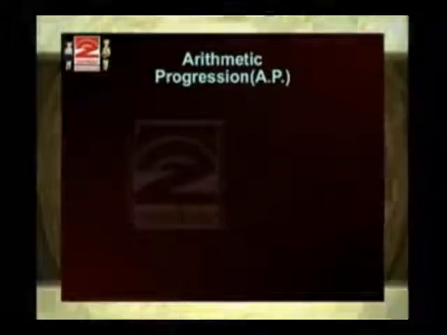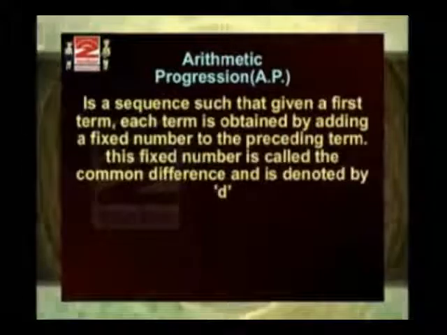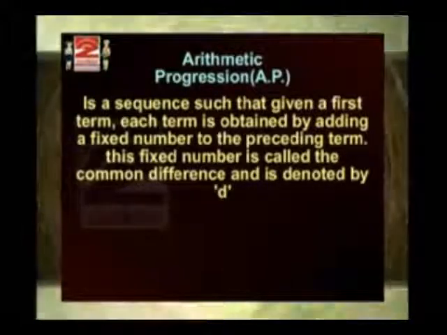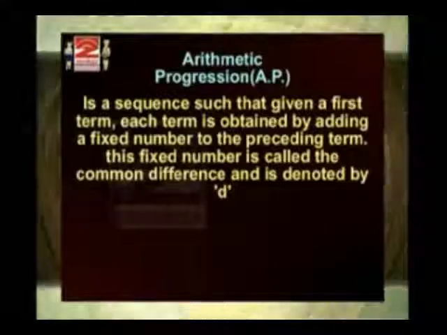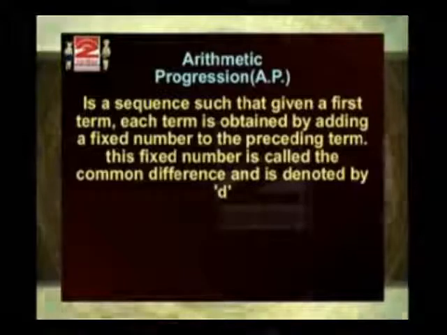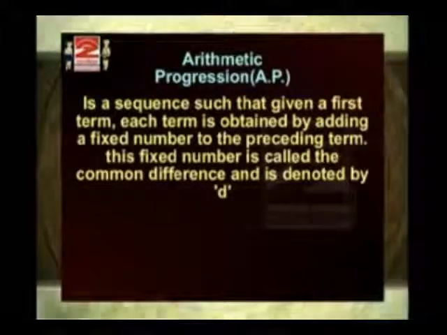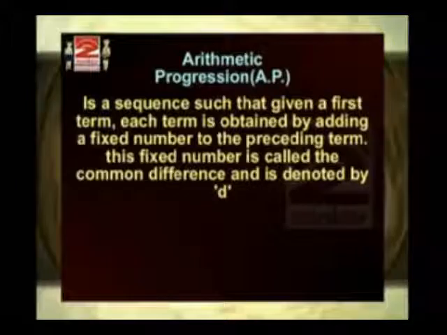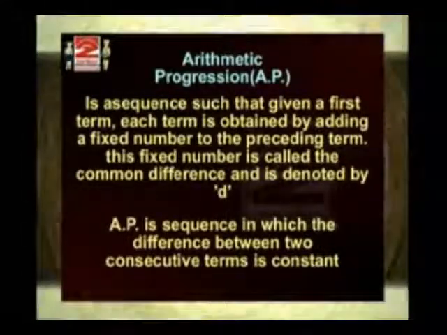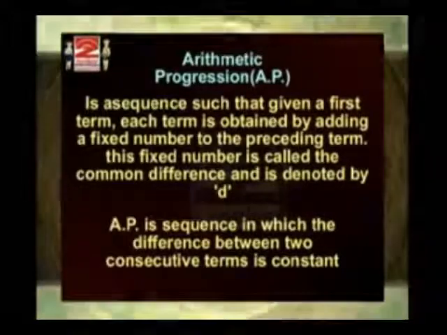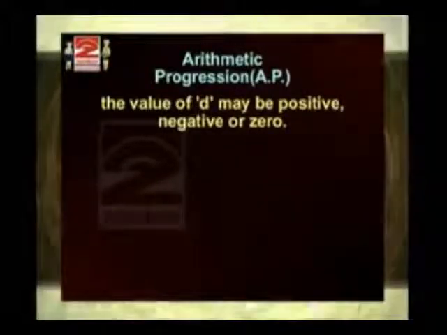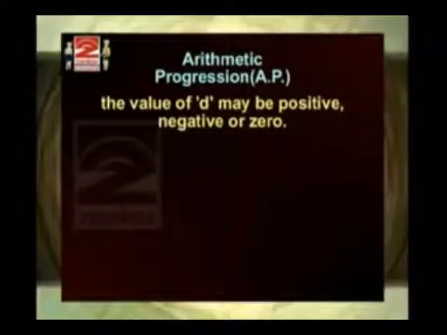Arithmetic progression, that is AP, is the sequence such that given a first term, each term is obtained by adding a fixed number to the preceding term, and this fixed number is called the common difference and is denoted by D. That means AP is a sequence in which the difference between two consecutive terms is constant. The value of D may be positive, negative or 0.